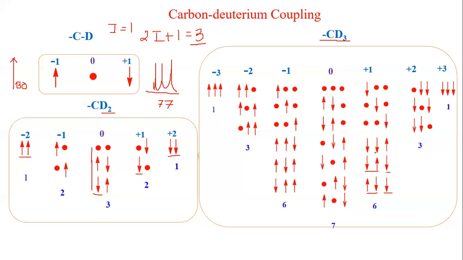Again, these two cancel one another and this one will have +1 orientation. And now look at these three possibilities with two nuclei having zero spin orientation and one nucleus with +1 spin orientation. So you will check that all these 6 possibilities are of +1 spin orientation. Net result of this orientation is +1.